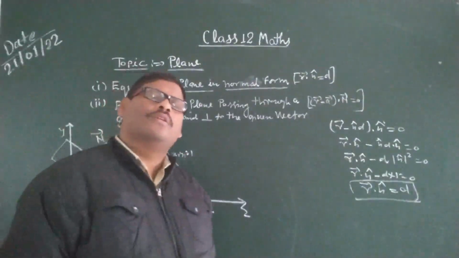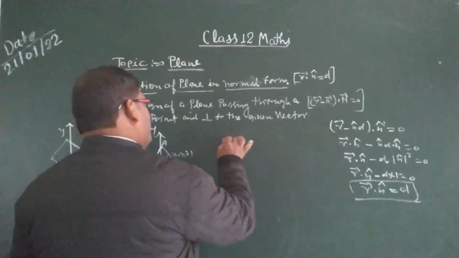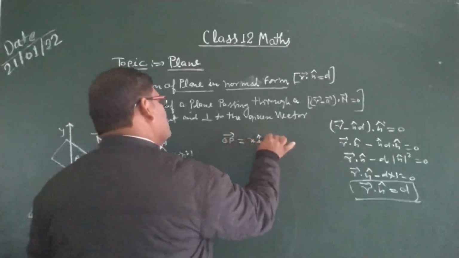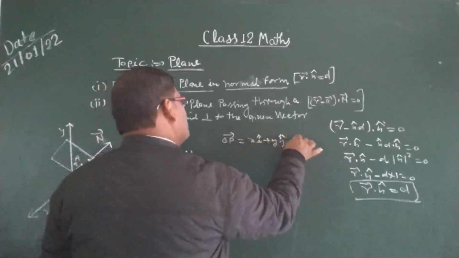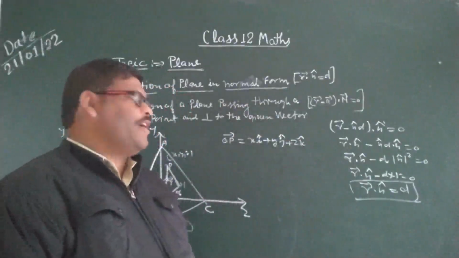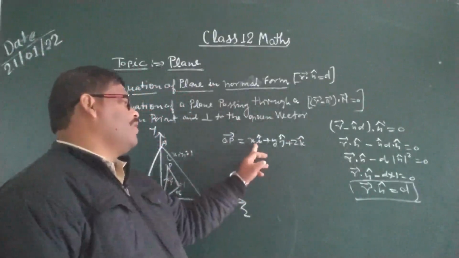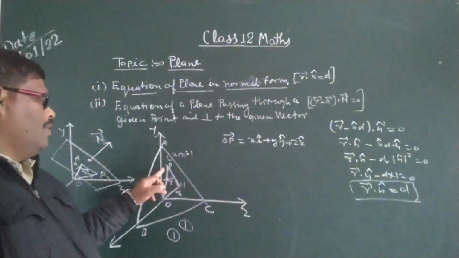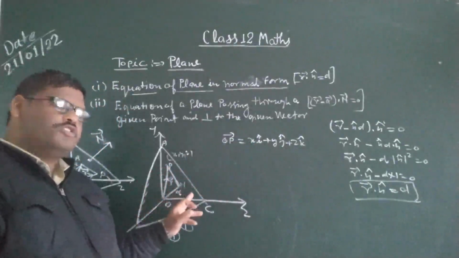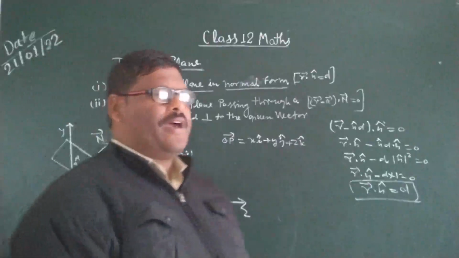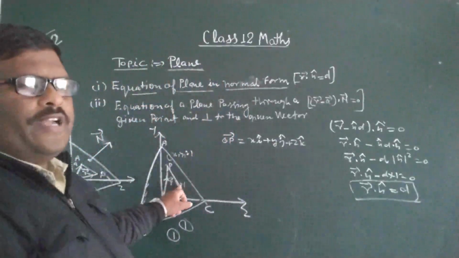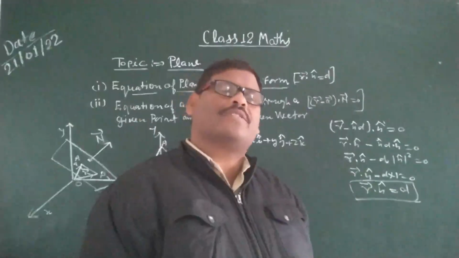Therefore, we can write the position vector of the point P, that is vector OP, is equal to x i cap plus y j cap plus z k cap in the Cartesian form of the point P. Now, the position vector of the point N in Cartesian form. Suppose that the direction cosines of the vector ON are l, m, n respectively.